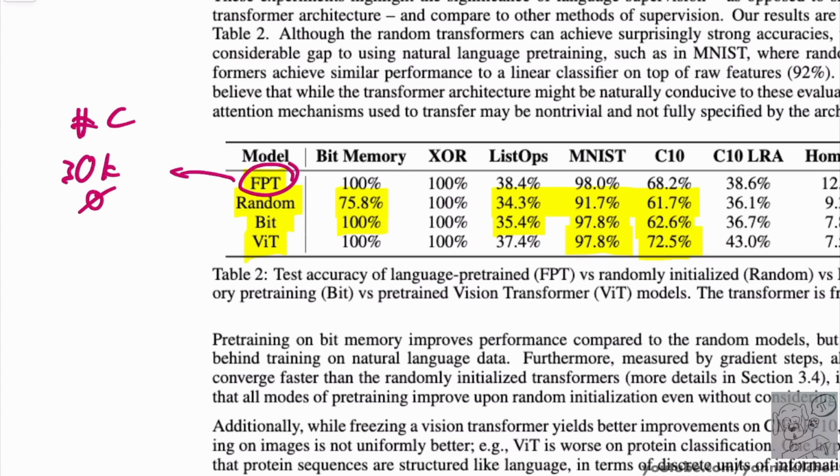Random is absolutely nothing. The bit memory task has 2 classes. And in the vision transformer, you have 21K classes, but you only need to apply it once per sequence, right? You only have to have one output. Whereas in language modeling, every single token is a classification.